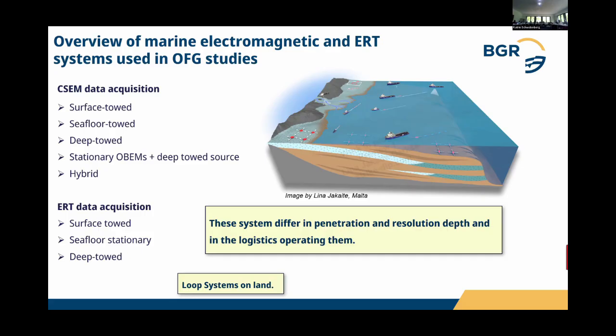If you look at mineral exploration, sulfides, ores in the seafloor, you would look at different systems than when looking for resistors. Typical applications have been oil and gas exploration. Oil and gas are resistive. Also gas-hydrate exploration. The systems which we use now for OFG have been adapted from different applications. They have not been particularly designed for OFG, but they have been adapted.